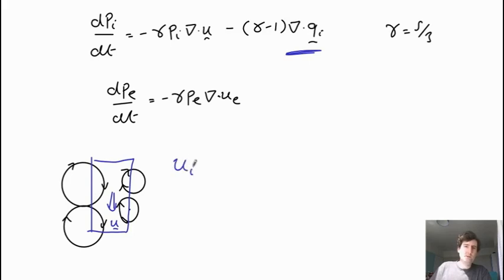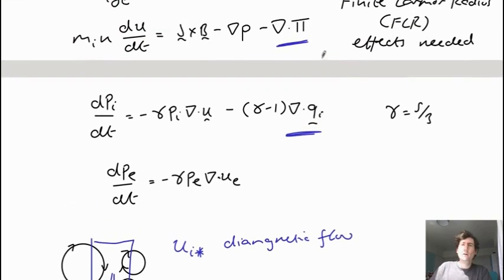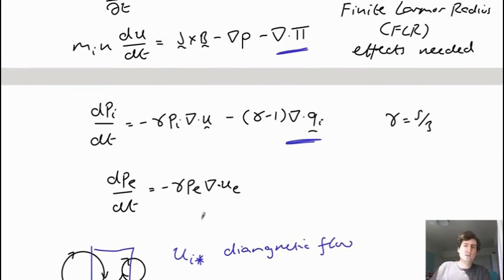So this is the diamagnetic flow. It's called U_i star, which is the diamagnetic flow. And this corresponds to a flow which is just due to ions going around in orbits, and actually doesn't result in any net motion of the plasma. And so what these extra terms do is essentially partially or fully cancel this motion. This stress tensor has a component which comes from this diamagnetic flow.